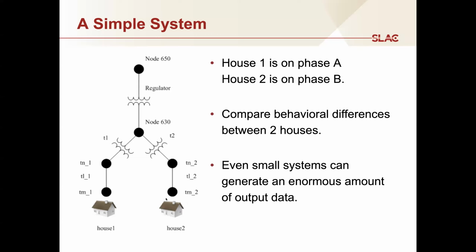So obviously, you need to be selective about what data you look at, but even the smallest systems can generate astonishing amounts of data. And in fact, for many of our test cases, this is essentially the kind of system that we look at. It has fairly well understood behavior. And so if we want to test a control strategy, or even test the house model itself, or verify that the voltage regulator works correctly, these are the kinds of scenarios that we use to validate individual behaviors of objects.